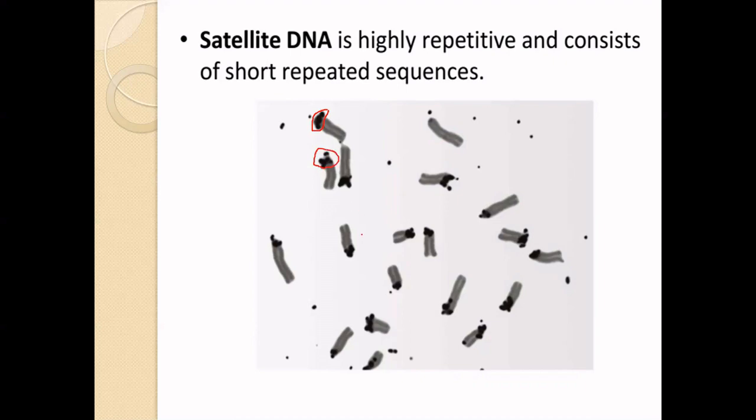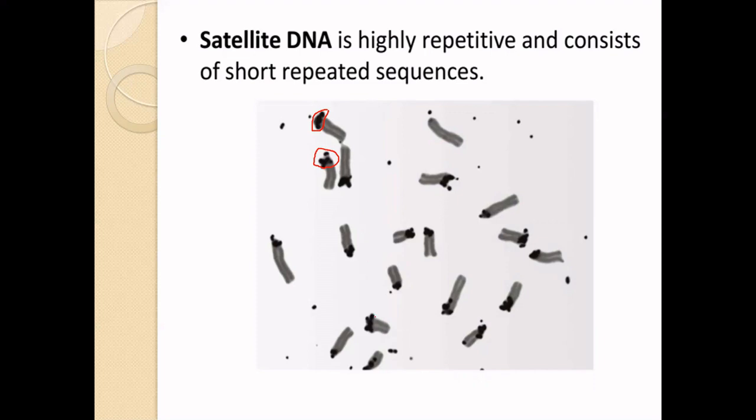When it is stained, it actually looks dark in color. It carries a variable AT-rich repeat unit and often forms arrays up to 100 Mb. The monomer length of satellite DNA sequences ranges from 150 to 400 base pairs in the majority of plants and animals. Satellite DNA sequences are mainly located in the heterochromatic region.